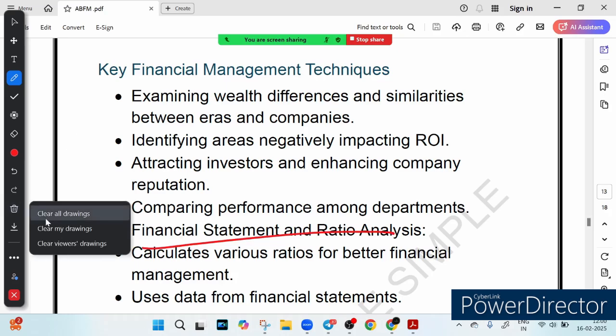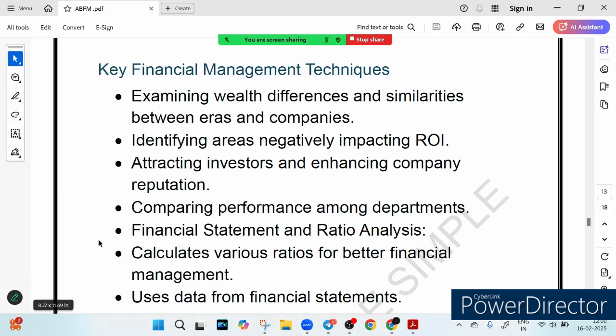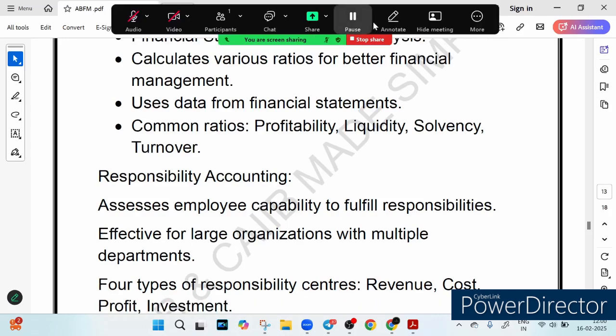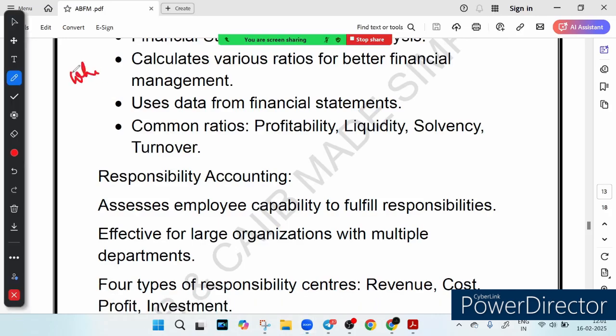We calculate various ratios, right? So how do we do it? By using some common ratios. Why do we use this so-called financial management and ratio analysis? How do we do it? We do it by analyzing profitability, liquidity, solvency and turnover. You know about these ratios. For example, a bank checks its loan recovery ratio to see how well it collects loans.